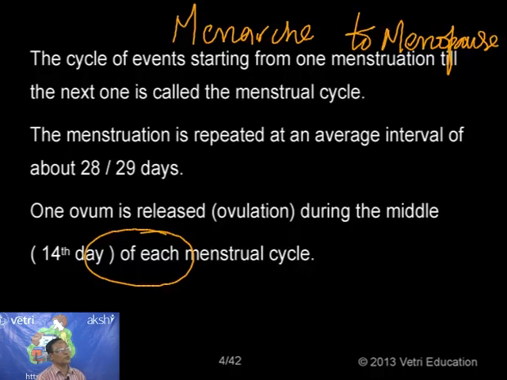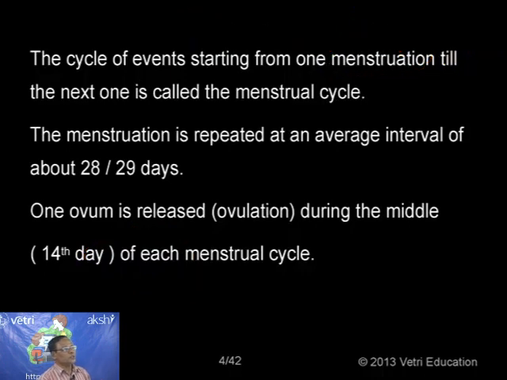Menstruation is the bleeding phase, so that itself is not the menstrual cycle. The duration of the time interval between two menstruation periods is called a menstrual cycle. The cycle of events starting from one menstruation till the next menstruation together constitute the menstrual cycle.